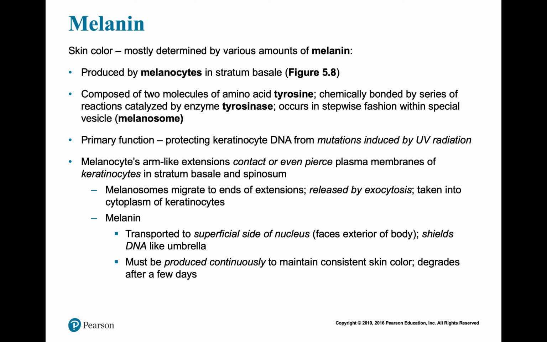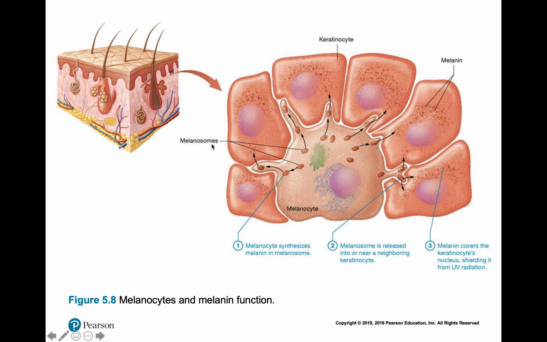And so the primary function of melanin is to protect keratinocyte DNA from mutations that could be induced by UV radiation. I'm going to switch to this image to describe how that happens. Here's our melanocyte. Here are the cytoplasmic processes that extend up through the stratum spinosum. The melanocyte has these little vesicle organelles called melanosomes.